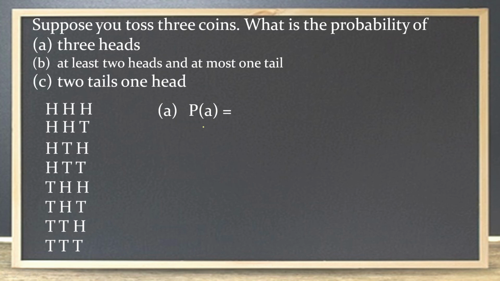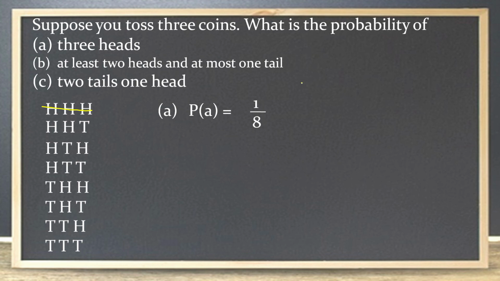We look here for the possible ways that this event can appear. The only way that 3 heads can appear is only one way. So the event is 1, divided by the total number of outcomes, which we know is 8. So it becomes 1 over 8. So 1 over 8 is the probability for 3 heads appearing.